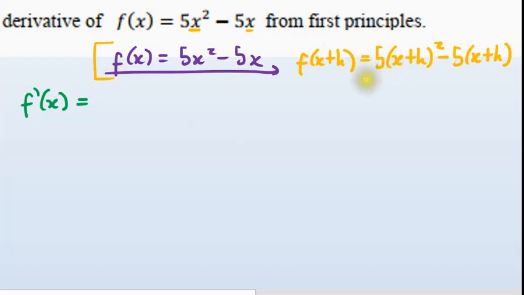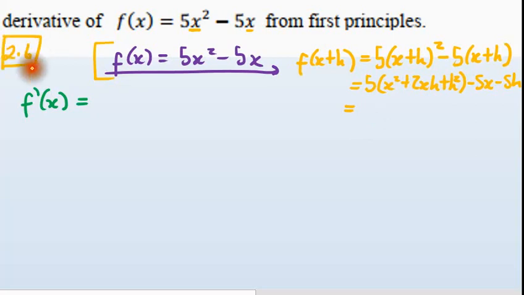So I am more than allowed to also continue and say it's 5 multiplied by x squared plus 2xh plus h squared minus 5x minus 5h. You are allowed to do this. Just take me as if I'm already a student who's just solving his exam question right now. Yes, I will do this really. But yeah, I just put my number first, everything here is useful to the marker.